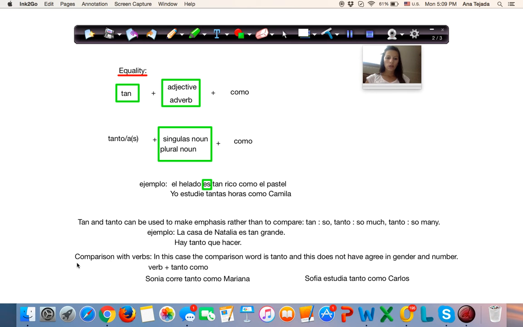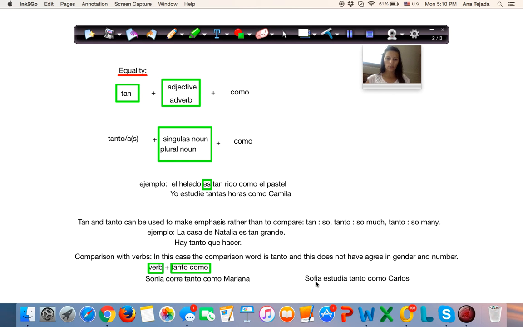Okay. Also, when we're comparing verbs, like we did before in the comparison of inequality, we have one formula for adjectives, adverbs, and nouns, and then another formula for verbs. Our formula in this case is verb plus tanto como. Okay? Let's look at the examples. Sonia corre tanto como Mariana.